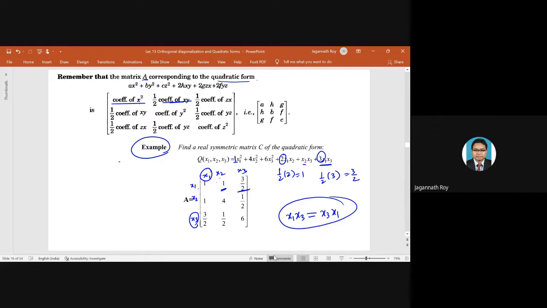So that is why their coefficient will be 3 by 2 here. Similarly, we'll take the entries like that, and the matrix of the quadratic form will be of this form. By its nature, this matrix is actually a symmetric matrix.